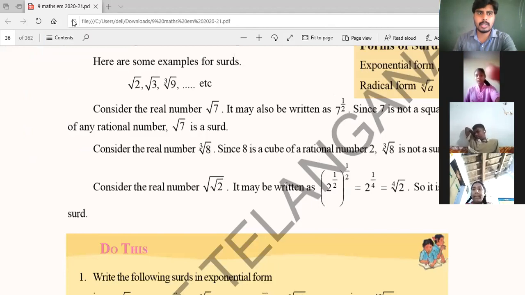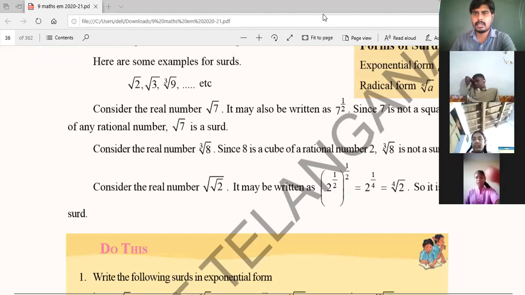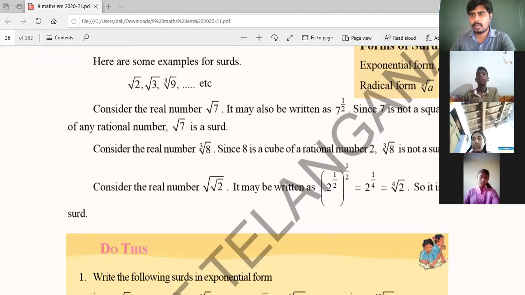And next, one more concept. Suppose I write root 2 whole square. Generally we cancel the square and root, right? Then how do we cancel that? Do you know the procedure? I told you on the page just before. If I write root 2, that is radical form, so in exponential form it becomes 2 power 1 by 2.